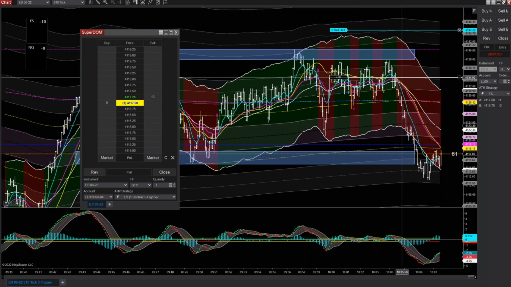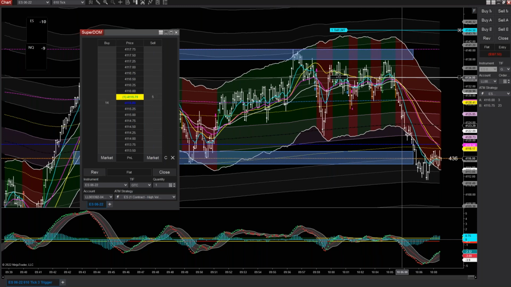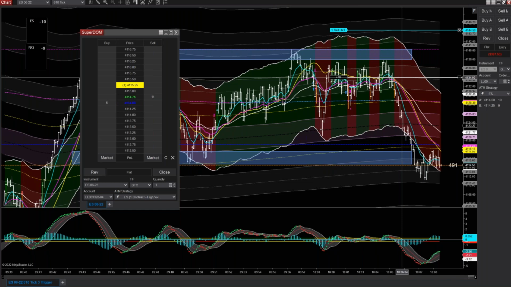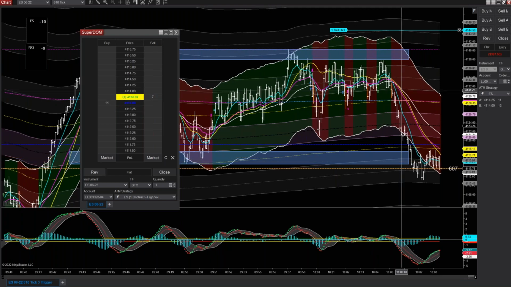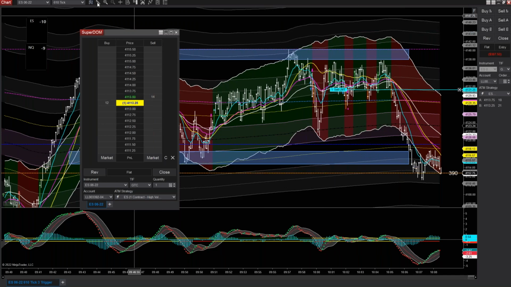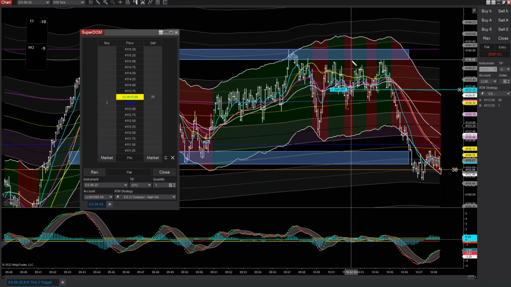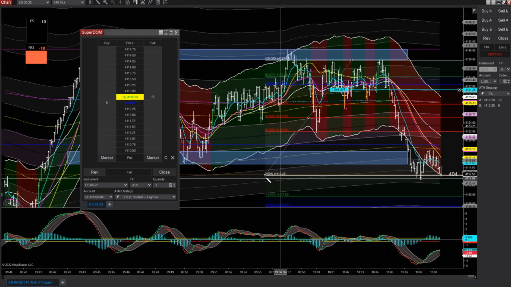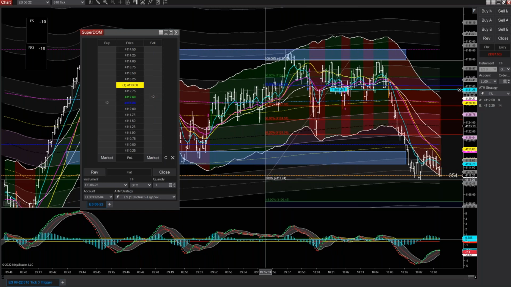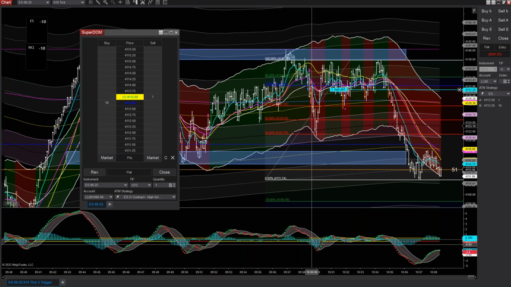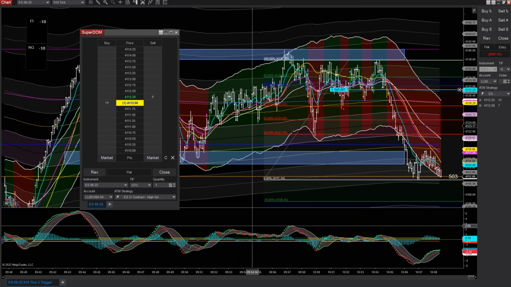So let's see. What I'm saying, if there's a Fibonacci retracement, let's see if it's going to honor that as well.